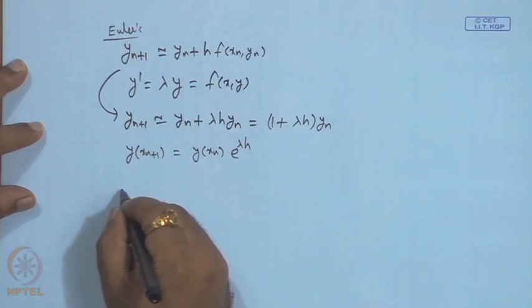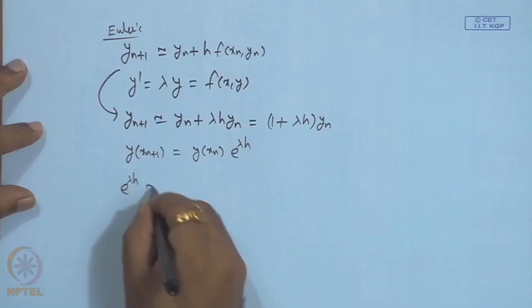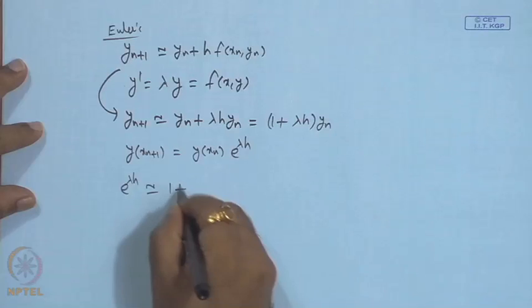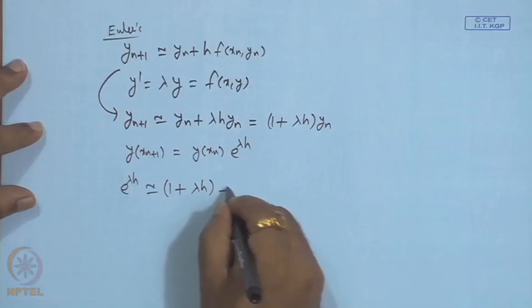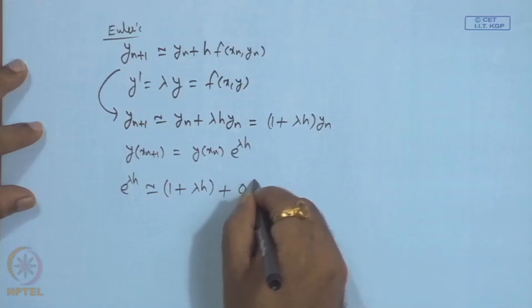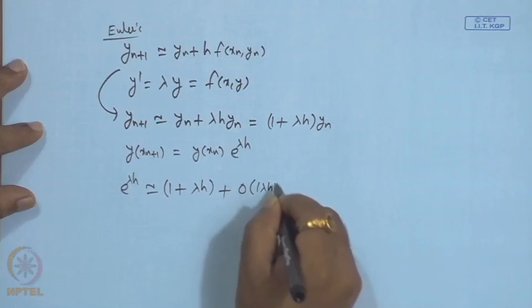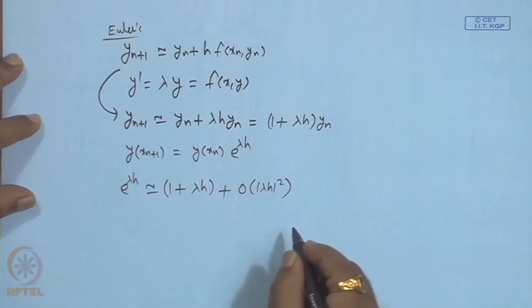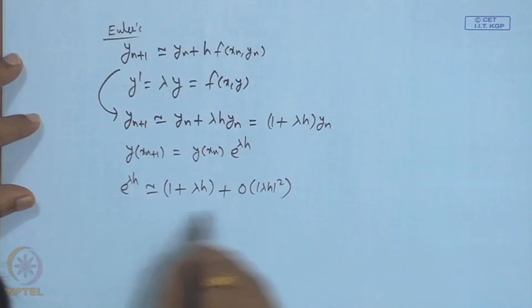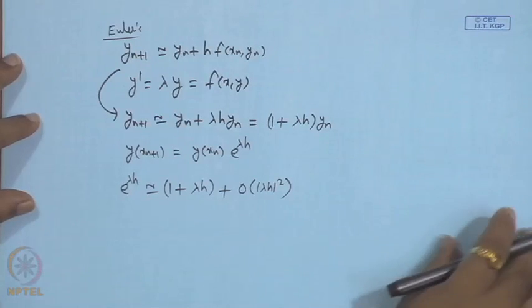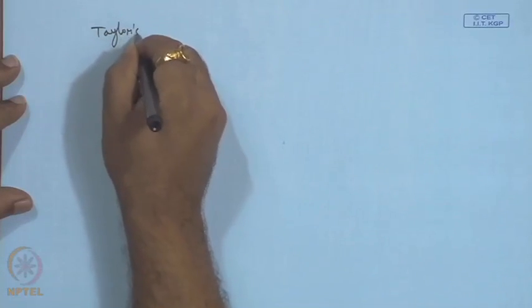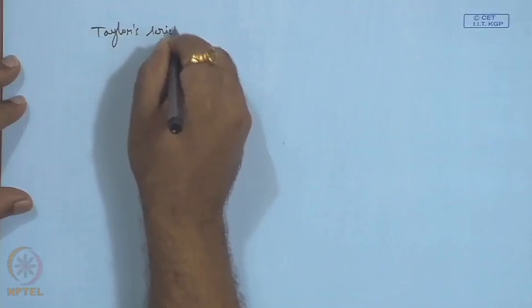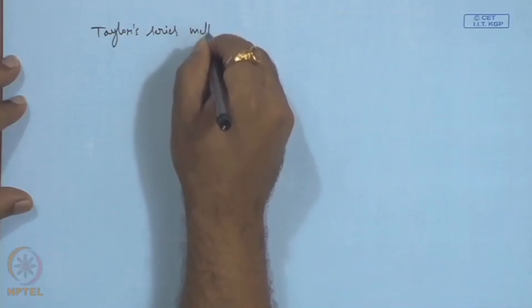So, for Euler method, e power lambda h has been approximated by 1 plus lambda h plus order of h square. Okay, right. Suppose let us take the Taylor series method.